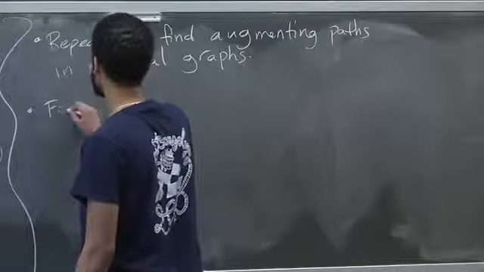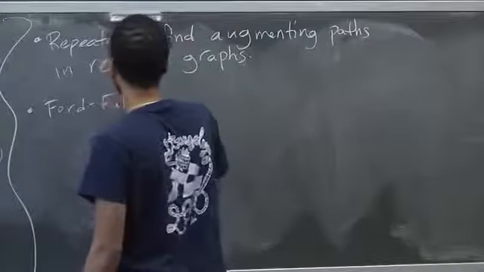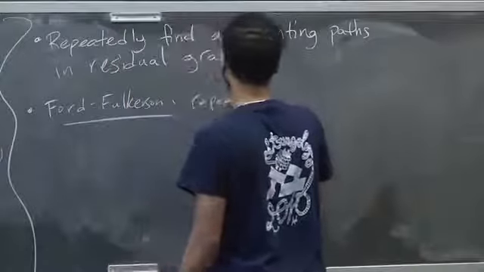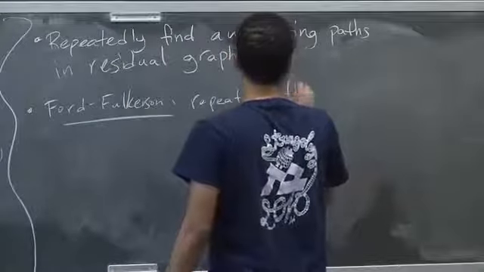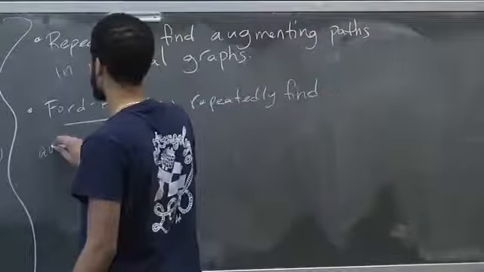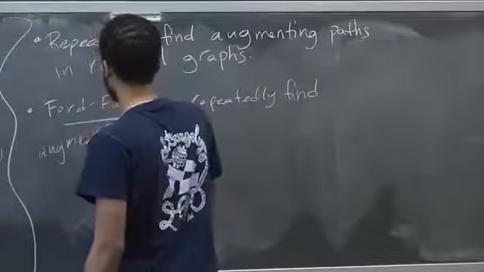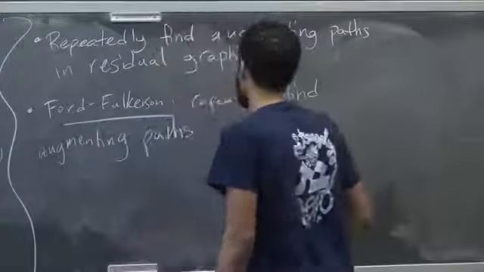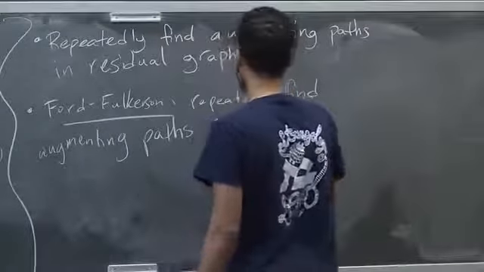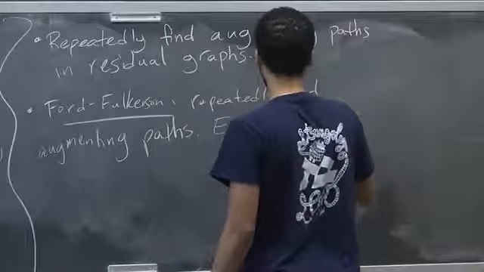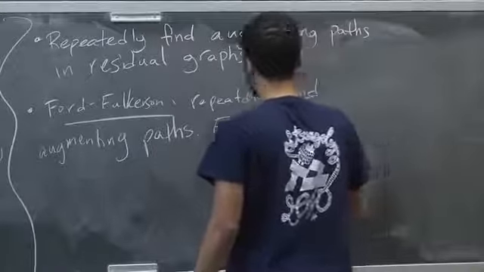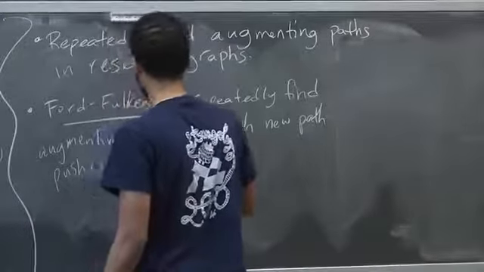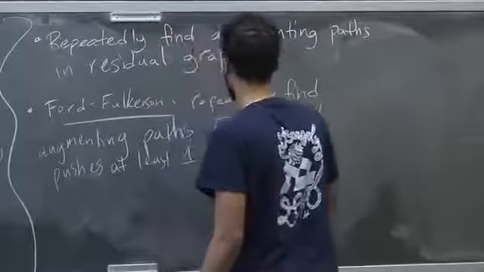Ford-Fulkerson: you just repeatedly find augmenting paths. Each new path pushes at least one more unit of flow.